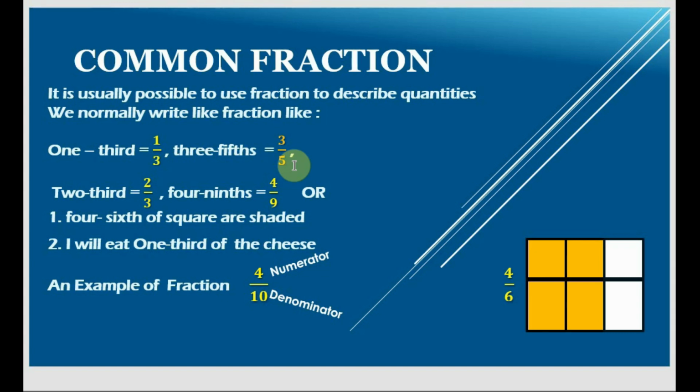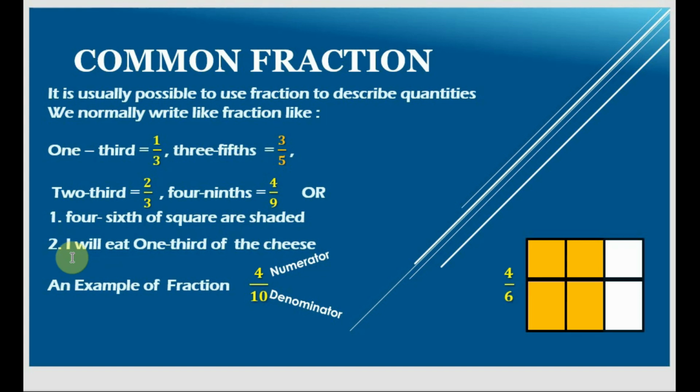Or we can go further to express common fractions in a more explanatory manner. This is where you can express a fraction in the form of, say, 4/6 of the square are shaded, if we consider this diagram over here, or I will eat 1/3 of the cheese.